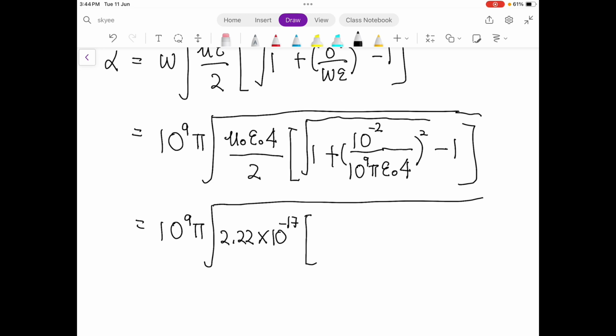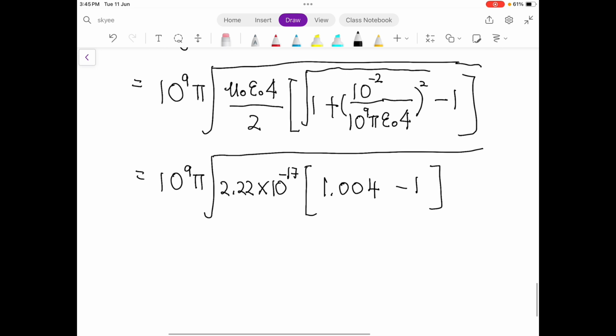So inside here I got 1 minus... So over here I will have 1.004 minus 1.